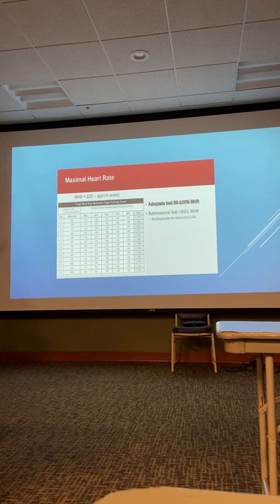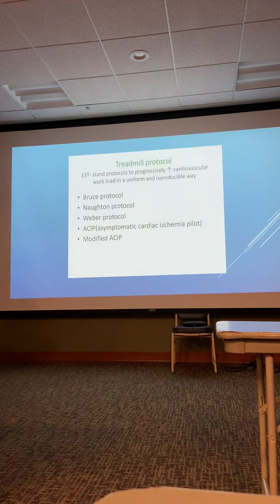And this is the formula for the heart rate for people who are exercising: 220 minus the age is 100% of the target. We're usually trying to get to 85% of that. And the chart you can't read because it's just not well done. There are multiple protocols for exercise testing.